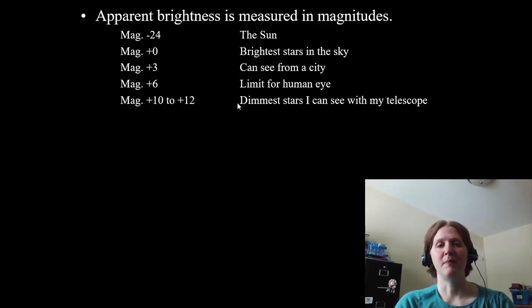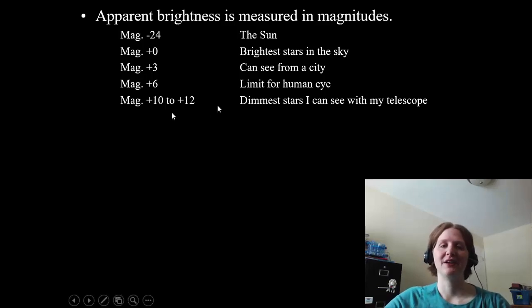I can see down to a magnitude 10 or 12 with my telescope. So the larger the magnitude, the dimmer the star. So what about the sun, which is something the ancient Greeks didn't think to categorize? The sun is actually magnitude -24. So in this case, a larger magnitude is a dimmer object.